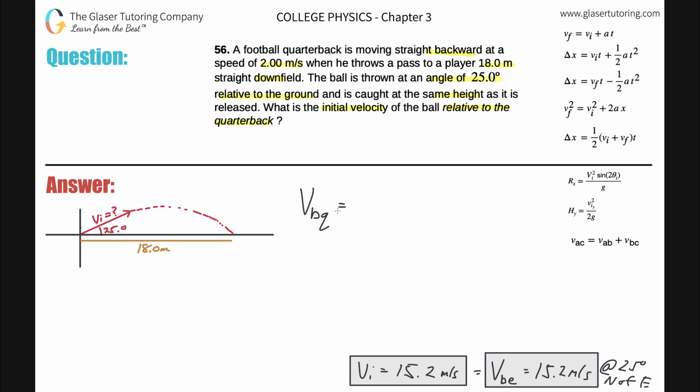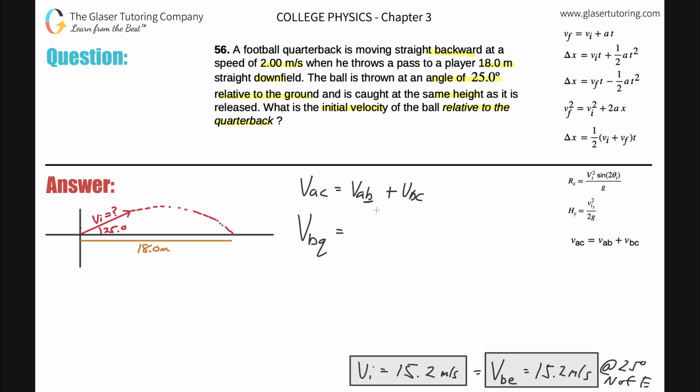It all depends on what you call A, B, and C, right? The velocity of A relative to C will equal the velocity of A relative to B plus the velocity of B relative to C. A, B, and C are just letters. They don't necessarily represent anything, but the relationship between them and how you must order them in the formula is very important. So I'm simply calling my A the ball, and my C will be the quarterback.